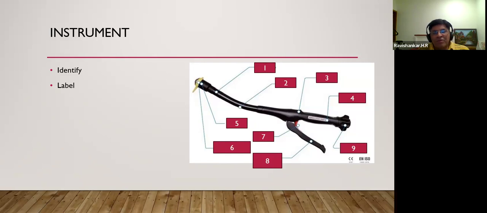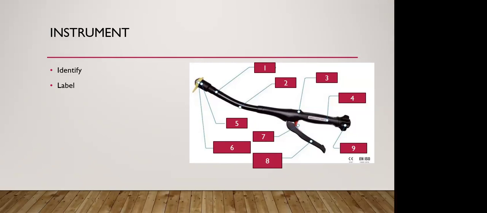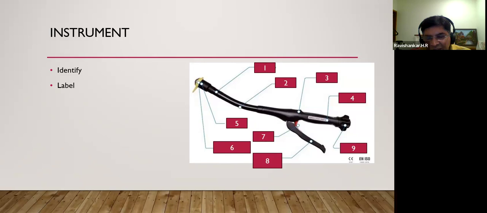What are the problems associated with this instrument? There can be bleeding from the staple line, sir. Or stapler misfire. Is that something to do with the instrument, or is it to do with the procedure? Procedures.